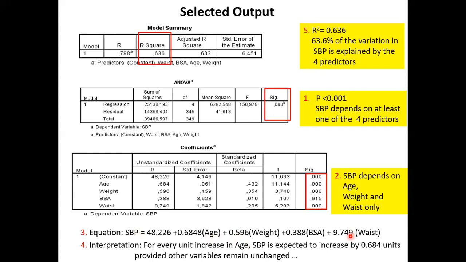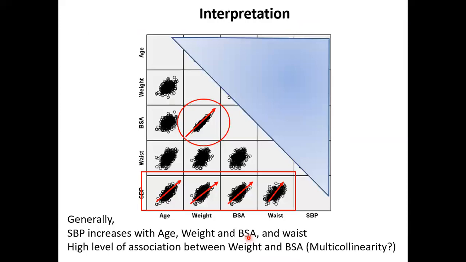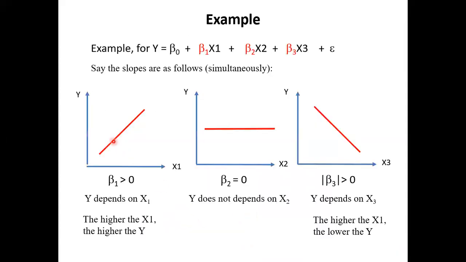Again, in the equation, these are the betas, B1, B2, B3, and B4. You want to know whether the slope is 0 or not. When the line is flat, we say y does not depend on this variable. How do you know this? Take the p-value. If it is flat like that, the p-value will be more than 0.05.